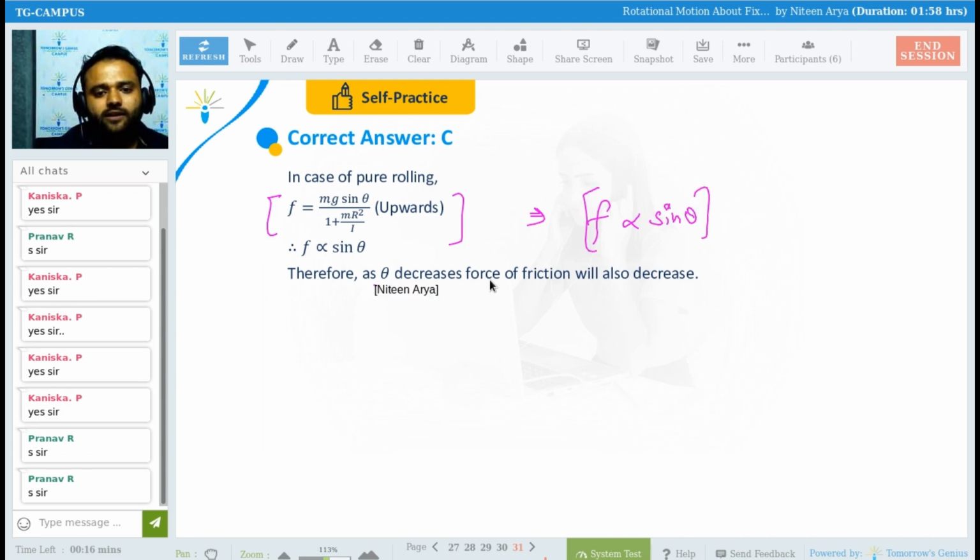Clear? So, therefore, if theta decreases, the force of friction will also decrease, because sin theta value is going to decrease. Sin theta is initially half, then 1 by root 2, then root 3 by 2, and then 1. Clear? Near to 0, sin theta is going to be 0.